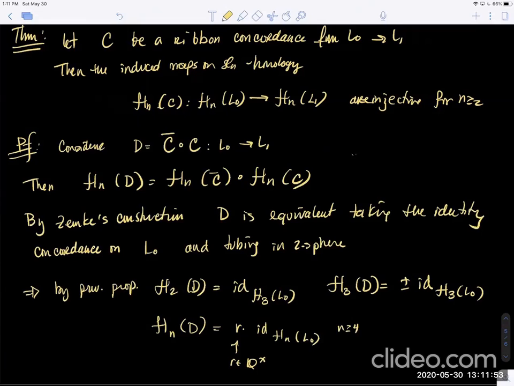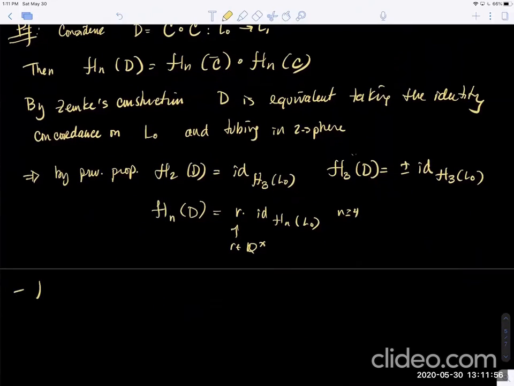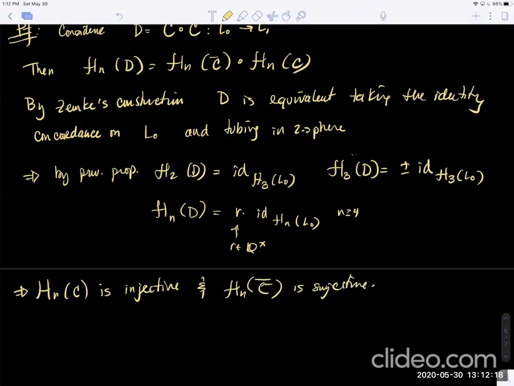So in particular, this implies that Hn of C is injective, and obviously Hn of C bar is surjective. So consequently, by our previous result, this actually just gives you the result immediately.